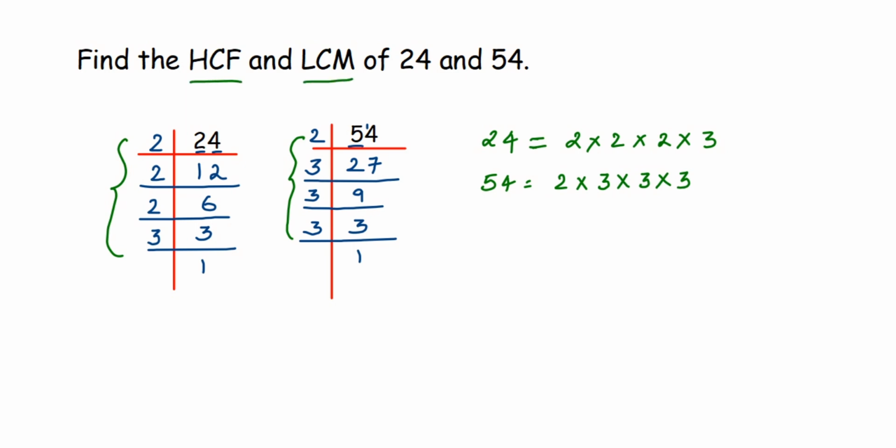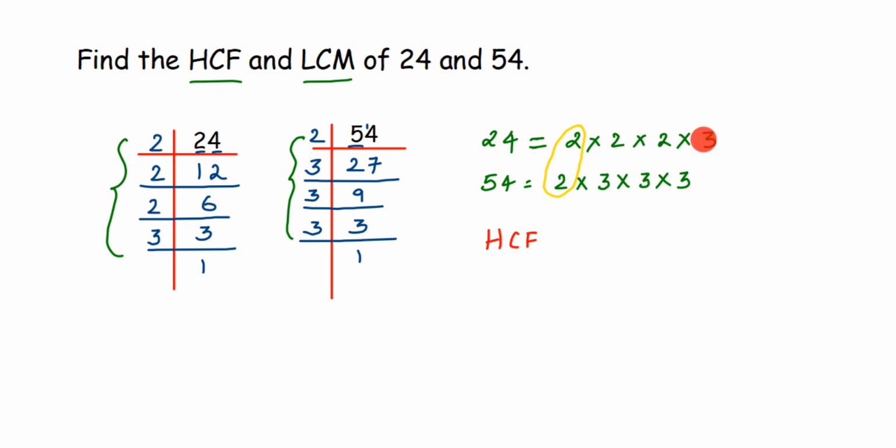When we find the HCF, we have to select the prime factors which are present in both. For example, here we have 2 which is present in both. Now here I have a 2, but I don't have a 2 here, so I cannot pair up. They should form a pair. And again I have a 2 here, but I don't have 2 here. I have 3 here and 3 here, so I can take this 3.